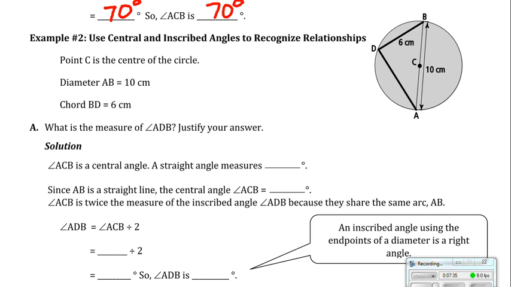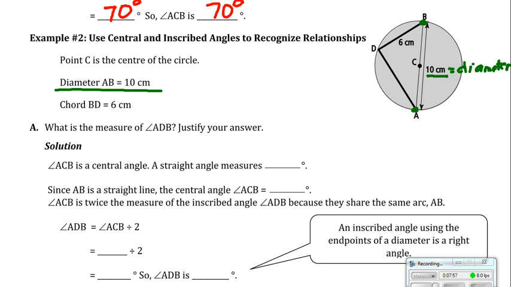Example 2. We're going to use central and inscribed angles to recognize relationships. Hopefully you notice that A to B is 10 centimeters, and this is the diameter of the circle. So the diameter is 10.